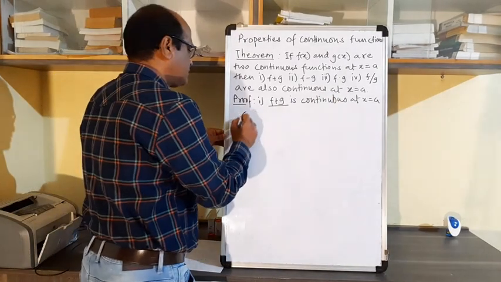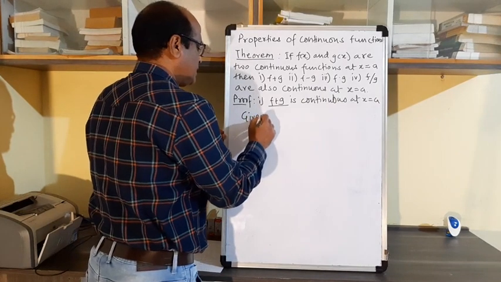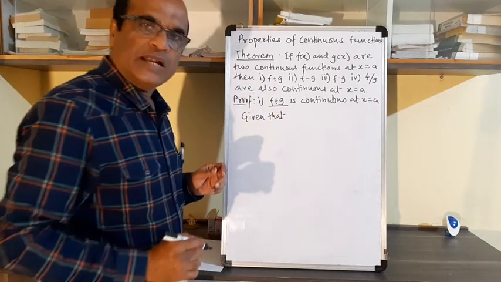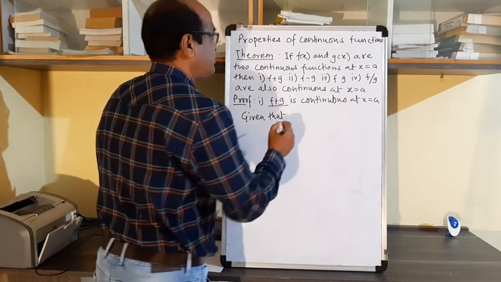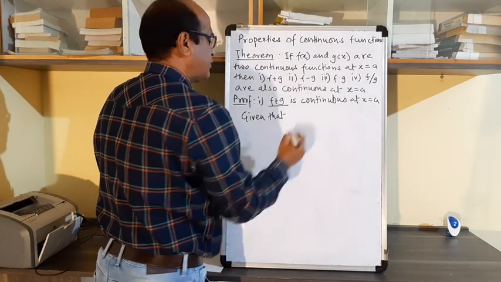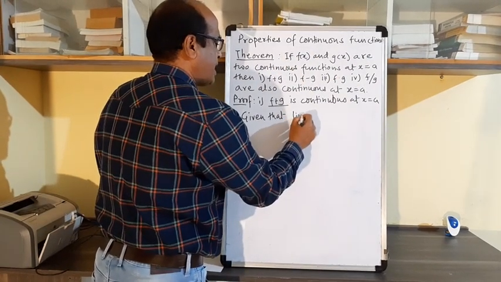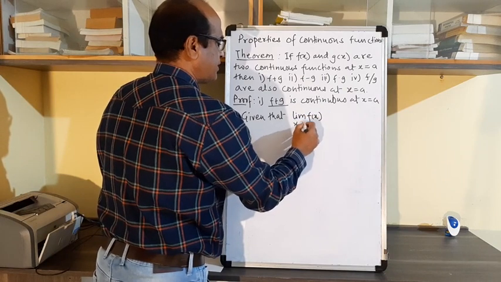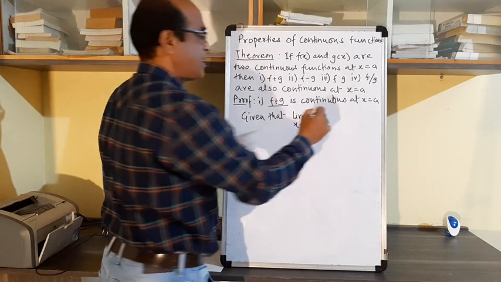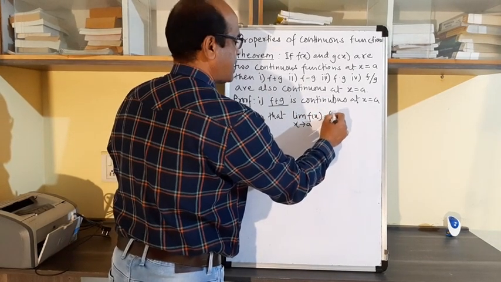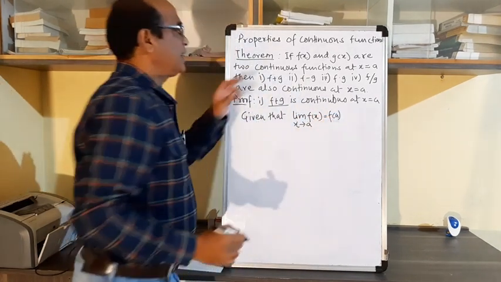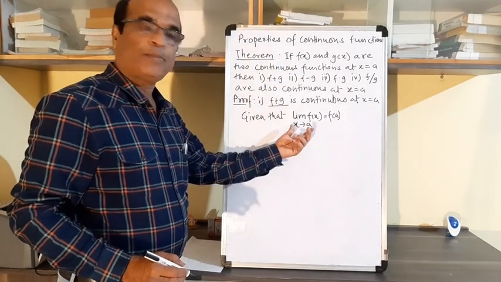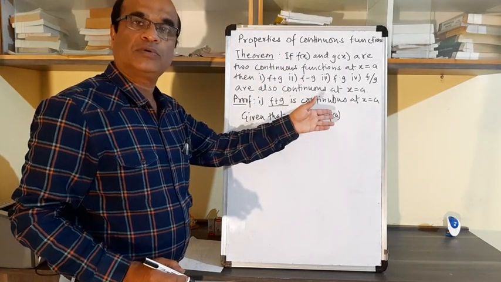So given that f(x) is continuous, means f(x) is continuous at x is equal to a. So that is the limit of f(x) as x tends to a is equal to f(a). Since f is a continuous function, then the definition is what here? Limit of f(x) as x tends to a is equal to f(a).